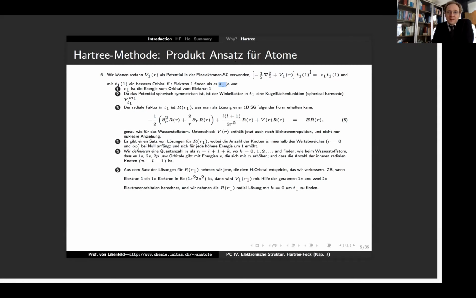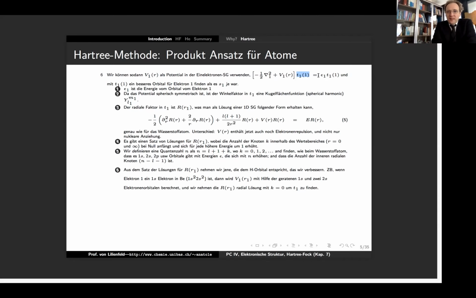If we can solve this, and we need for V1, of course, all the other S functions for all the other electrons, then we can do this for the first and the second and for all other electrons. So we move from a bunch of orbitals which we labeled S to a bunch of orbitals which we label T. But for solving this, we needed S as an input to get to T.